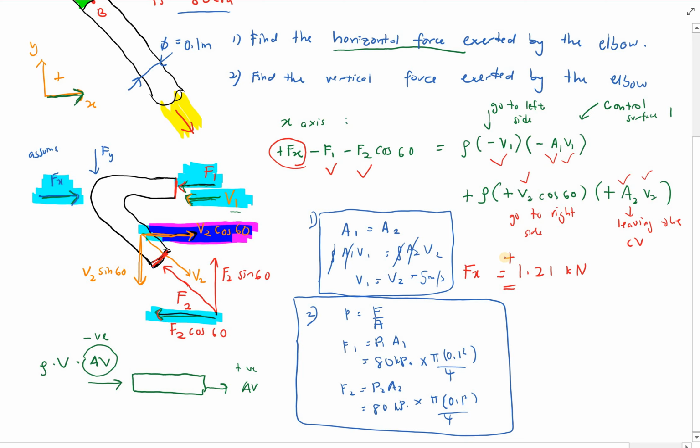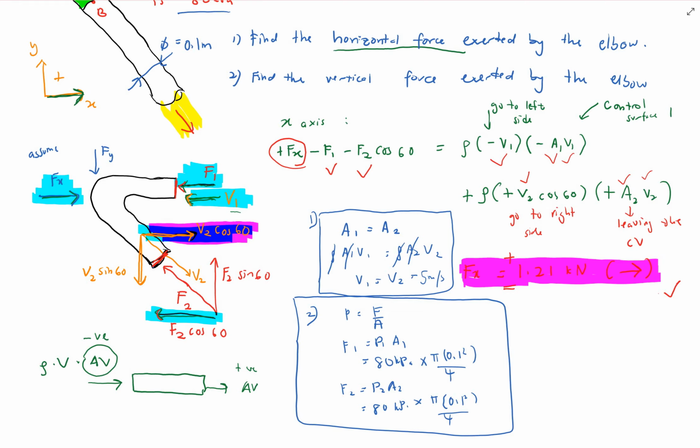It says that your assumption for the direction is true, in which you have assumed that your horizontal force is acting to your right hand side. So this is your final answer. Fx is 1.2 kilonewton acting to your right hand side.